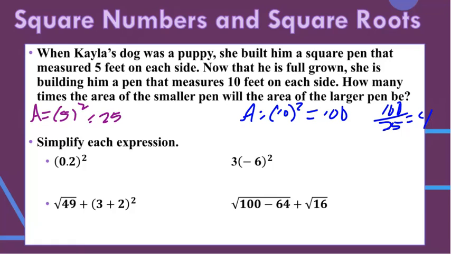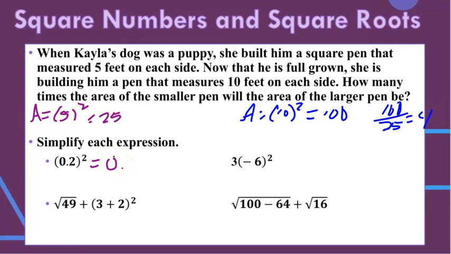Down below, simplify each expression. So here we have 0.2 squared, which means 0.2 times 0.2. Well, 2 times 2 is 4, and since I have two decimal places in the whole problem, I need to have 2 decimal places in my answer.